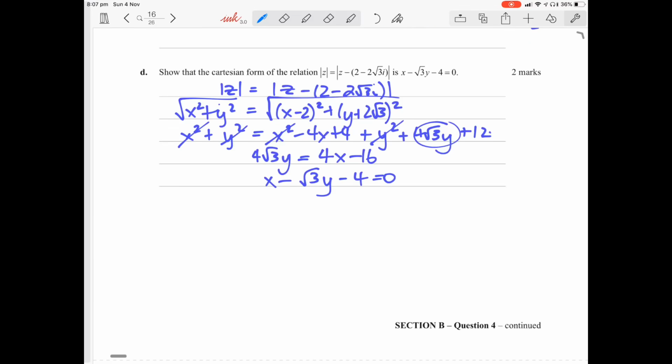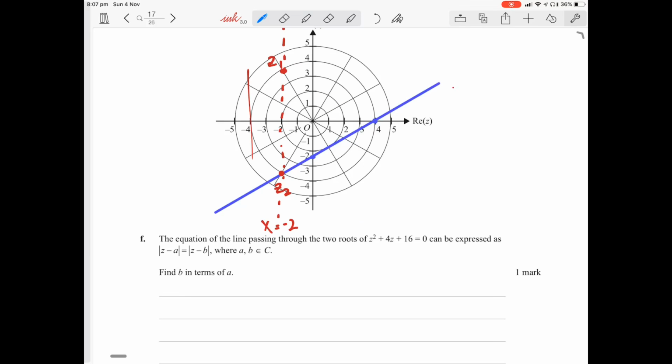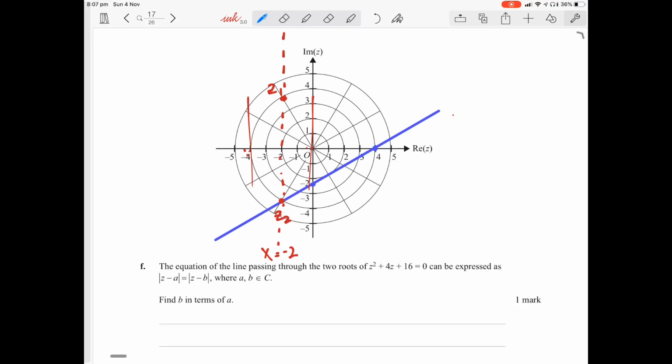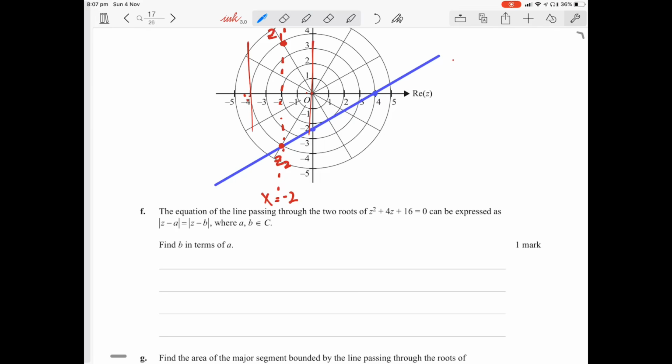Because we're going to basically have one line here and points here and here. So Z minus A, Z minus B. So there are 2 points, A and B, complex numbers.